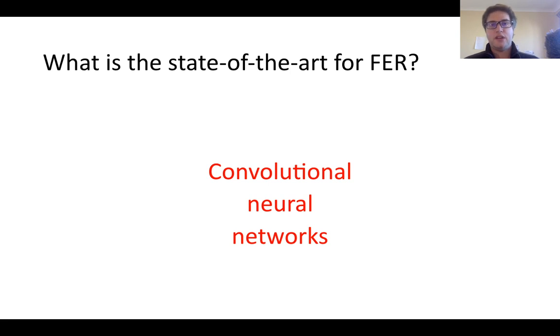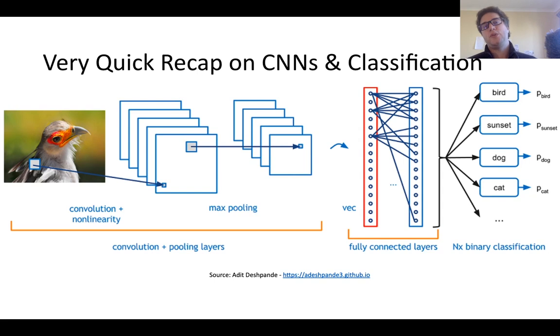So what is the state of the art in terms of methods to tackle emotion recognition? The current state of the art is to use a convolutional neural network. So let's have a quick recap of what a convolutional neural network is. Typically we'll input some image, and then we'll have some convolutional layers that have some nonlinear activation function, for example the ReLU activation function.